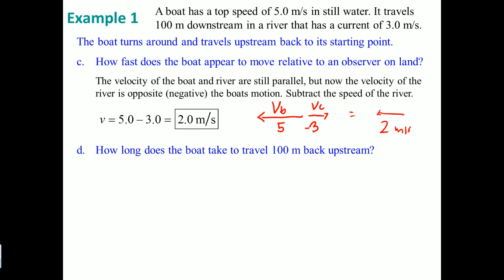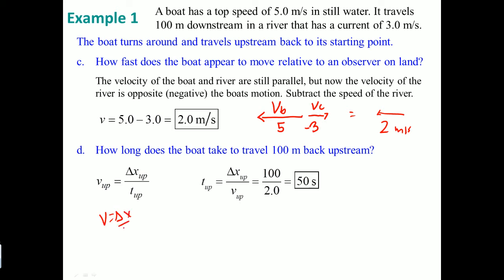How long does the boat take to go upstream? Again, set up the same equation: v equals delta x over t. So 2 equals 100 over t. Solving for it, you get 50 seconds. So what was the round trip?